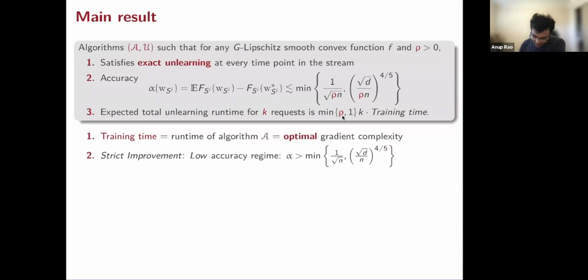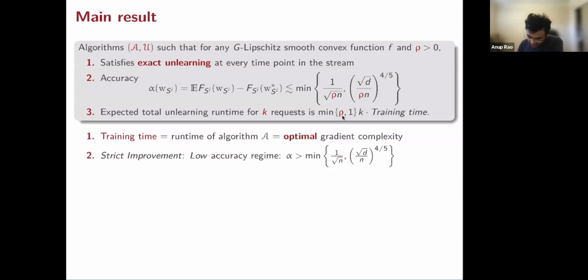This means that we give a strict improvement over retraining every time. It's not like a compromise between exact unlearning and the training time in the low accuracy regime.